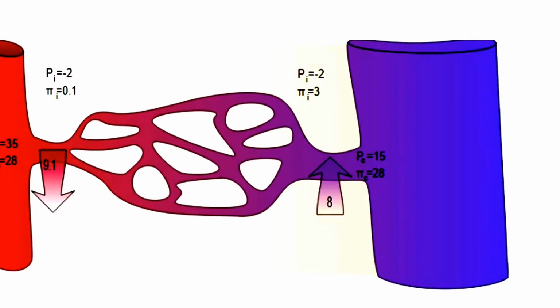You may note that as we progress along the capillary from its proximal arteriole to its distal venule end, this hydrostatic pressure will decrease naturally as a result really of two phenomena. One, in that it's further away from the heart and the pressure is reducing, and secondly, due to the loss of this fluid along the proximal part of the capillary itself, and therefore naturally the pressure will decline the further you move along the capillary bed.